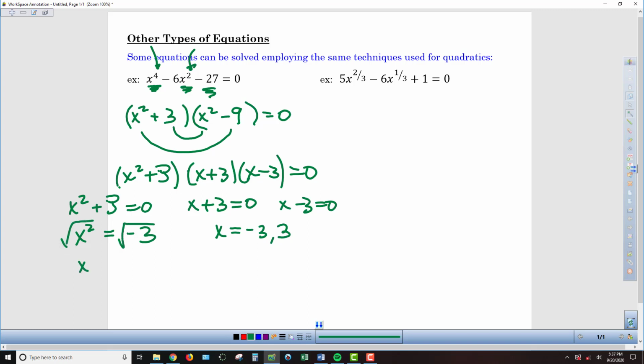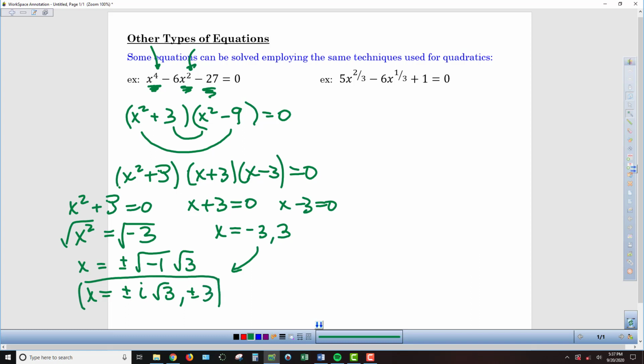So we've got x equals, now of course we need a plus or minus, and then we've got this root negative 3, so I'm going to separate out the root negative 1 times the root 3. That root negative 1 becomes an i, and so we've got x equals plus or minus i times root 3 to go along with the plus or minus 3 that we have over here.